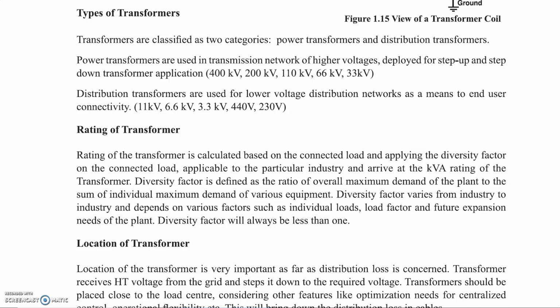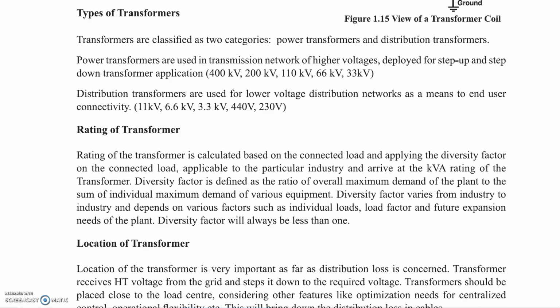Now the diversity factor varies from one industry to another, one building to another, one plant to another plant. So that is something we need to see, and accordingly we have to install a transformer of a certain rating according to the maximum demand.